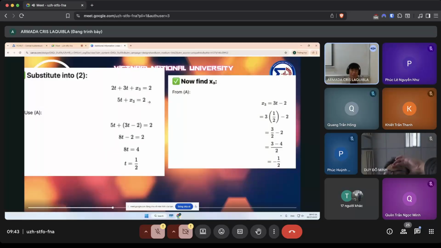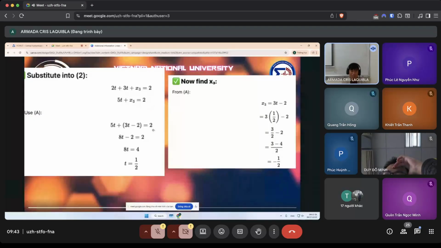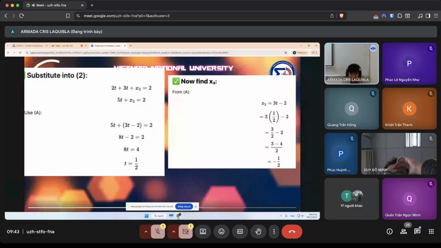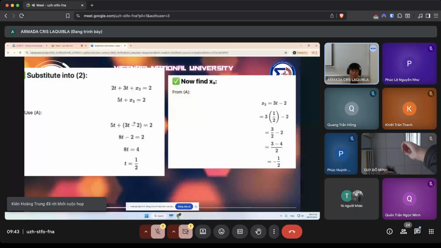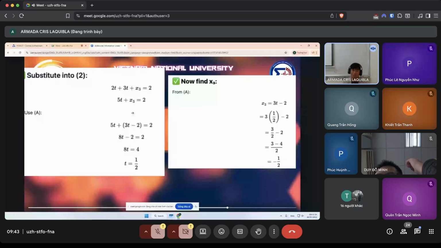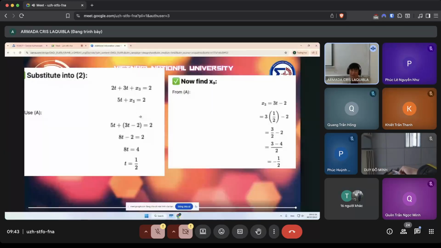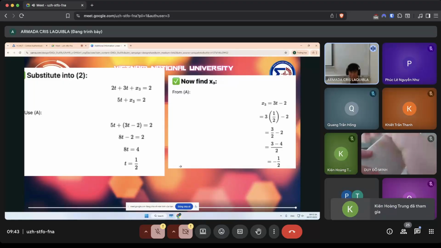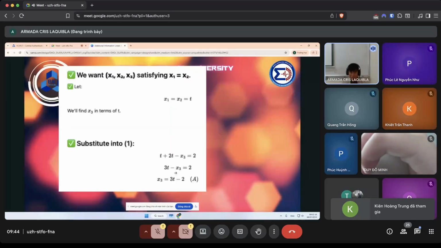Now class, this one is solved through substitution, but your calculator can do this already. You can type there 5t plus x3 is equal to 2. But there is no x3 in your calculator, so for x3 you can use x, and for t you can use y. So combine this 5t plus x3 equals 2, and this equation here, x3 equals 3t minus 2.